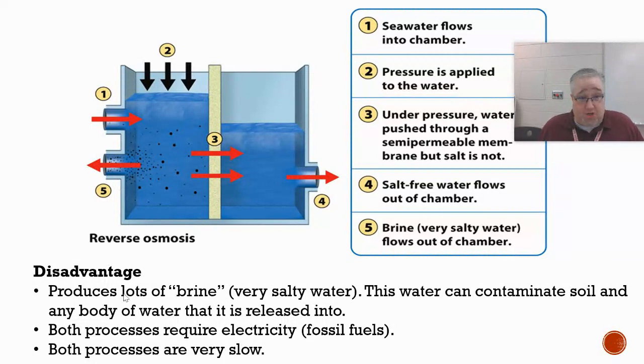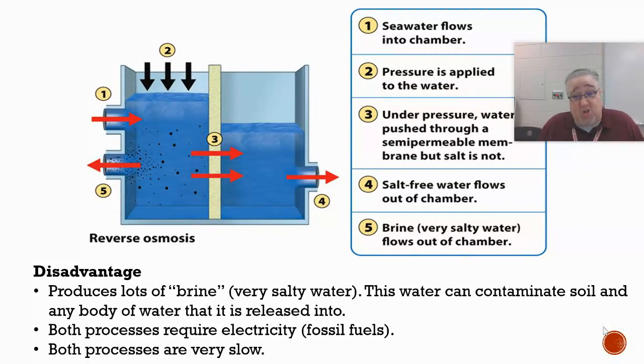The other big issue is brine water. Brine is the residue that's left over. For example, on the left side of this chamber, even though we're bringing in salt water and pushing the fresh water out, whatever's left on this side is like 100 times more concentrated with salt than what it was when it first came in.